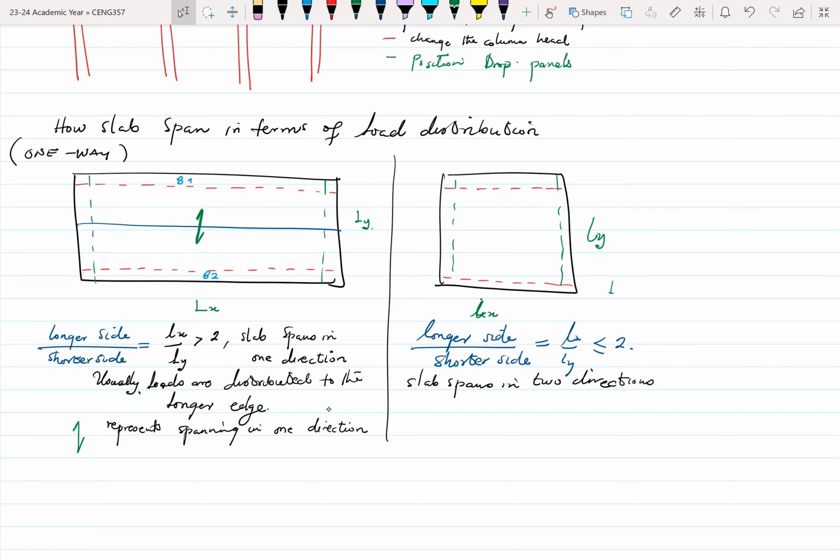If LX is more than LY, we'll end up with this division.